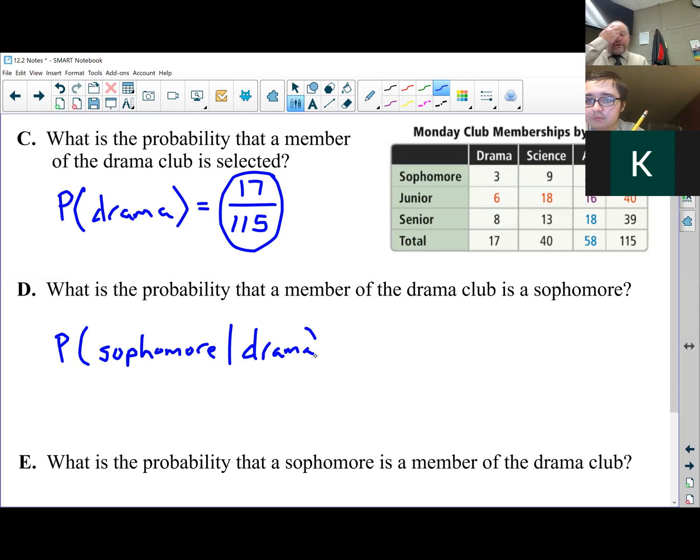Okay, so one way to think about this is the first event, what is the probability a member of the drama club? So we start with the drama club and then we check, is a sophomore.